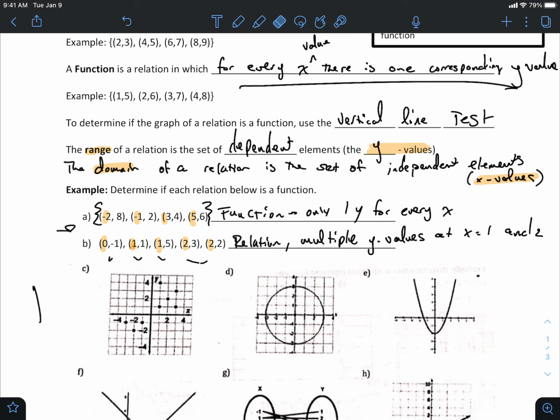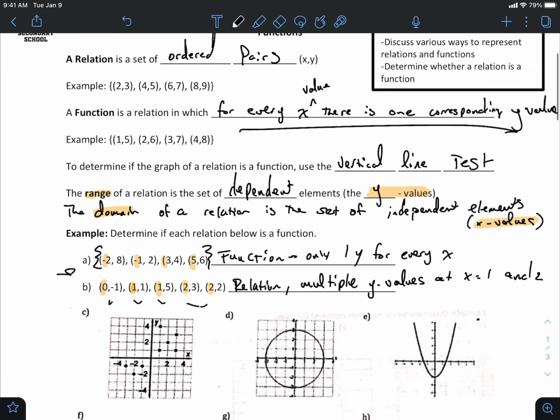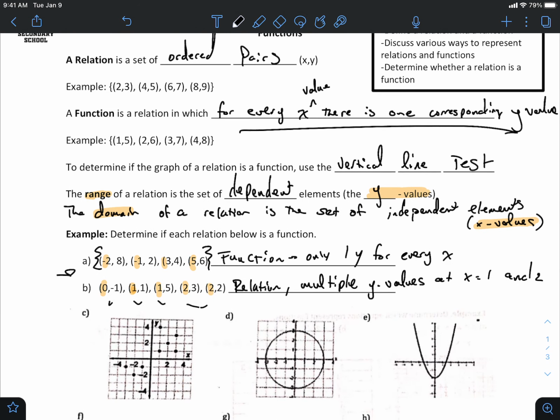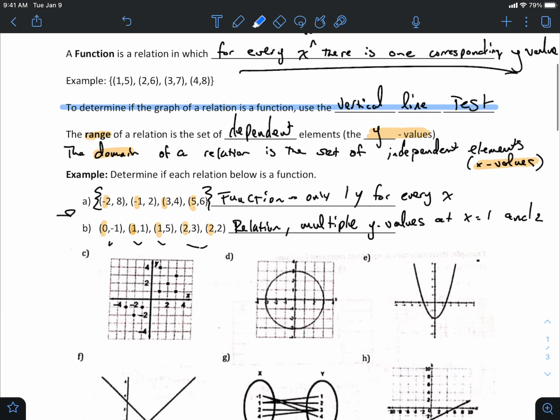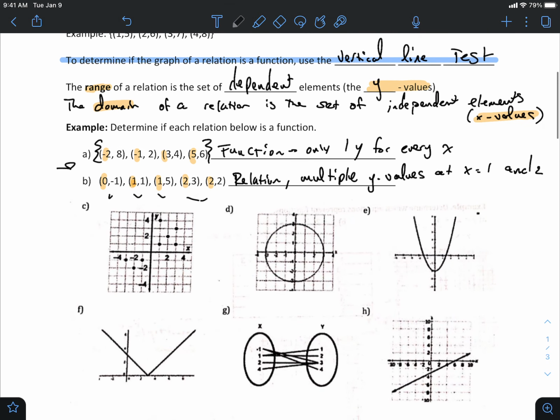So if I take a look at C, I'm going to change the color. I like this. It's quite simple to use, actually, this vertical line test. The vertical line test tells us, if I were to draw a vertical line here, how many points do you see on that vertical line?